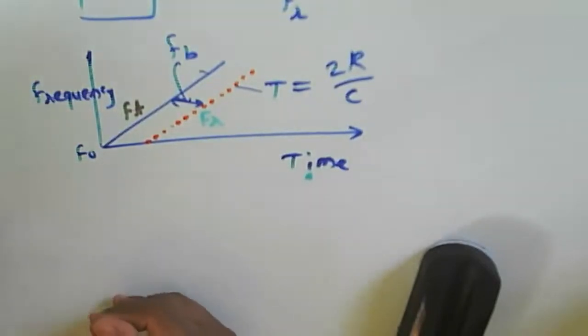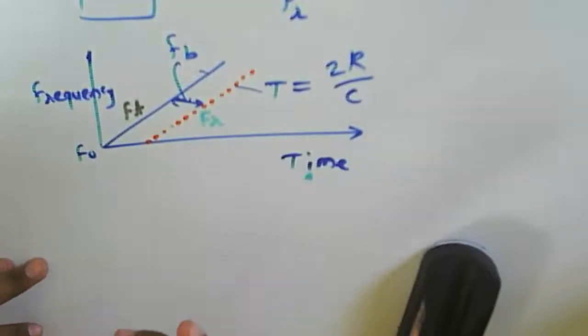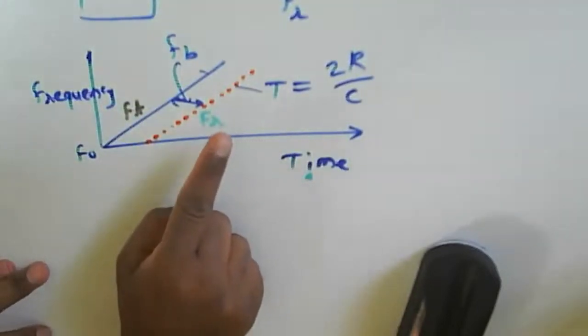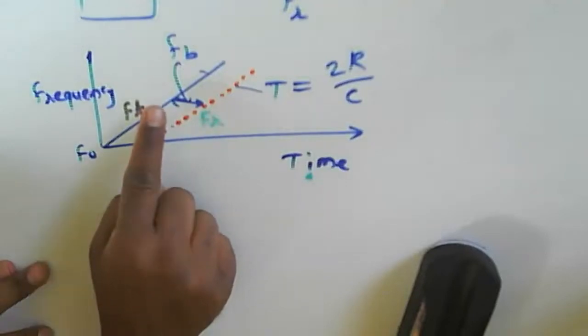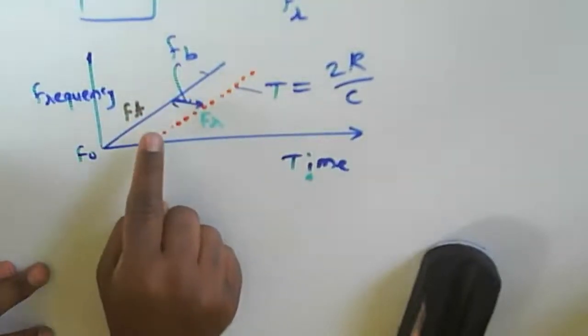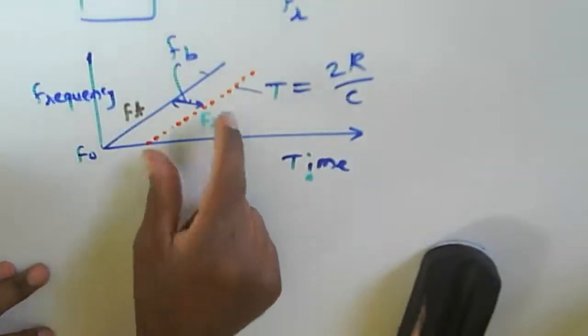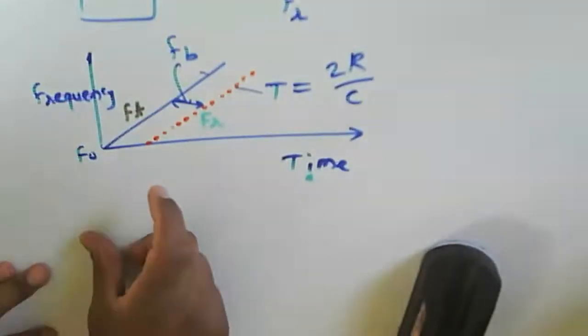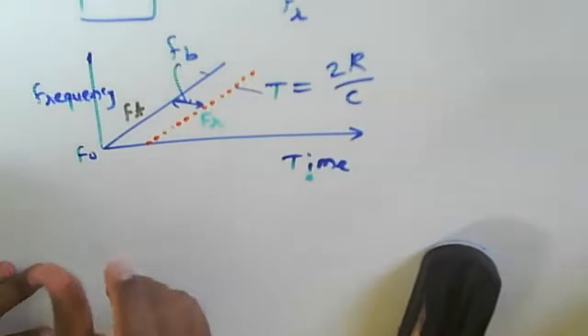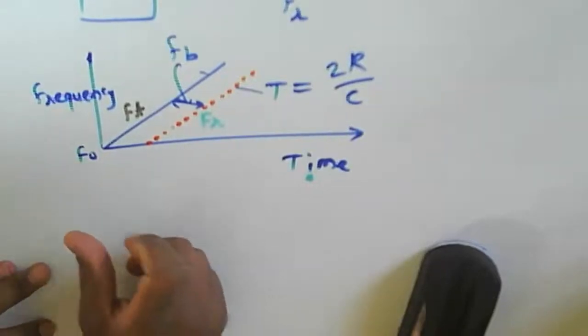For that modulation there will be the beat frequency, and that beat frequency is nothing but the difference between the transmitting and receiving signals, and that beat frequency is a function of time. So we can define a beat frequency that will be a function of time.